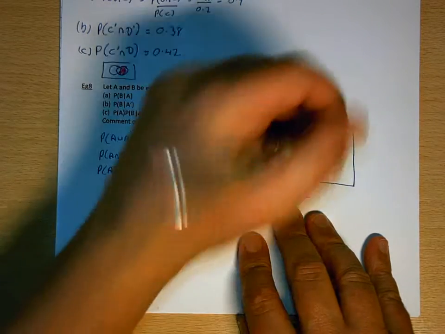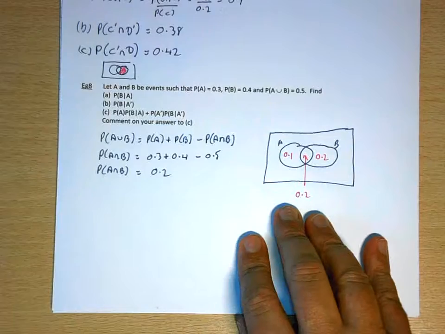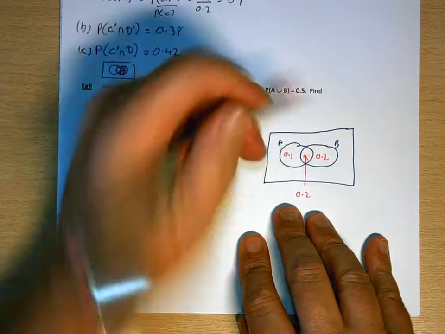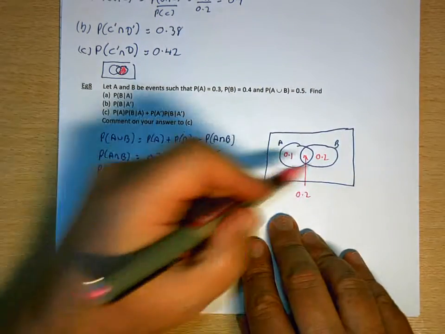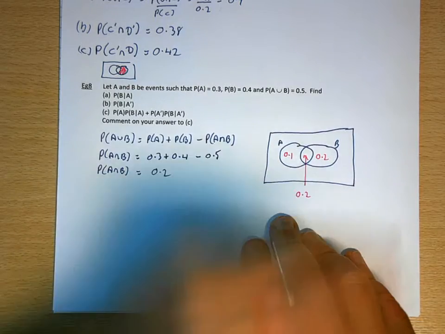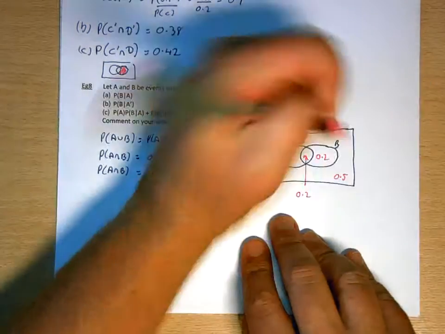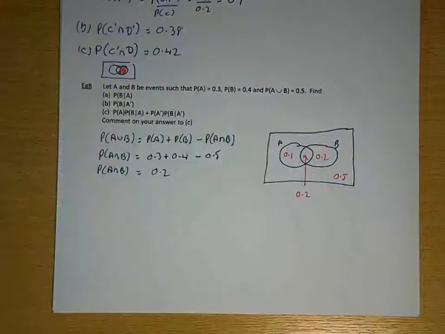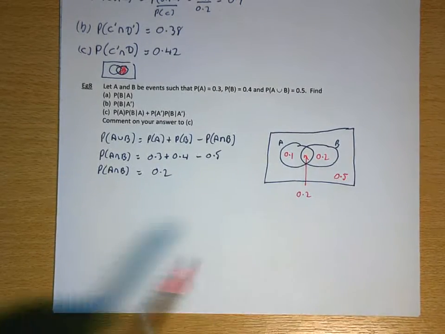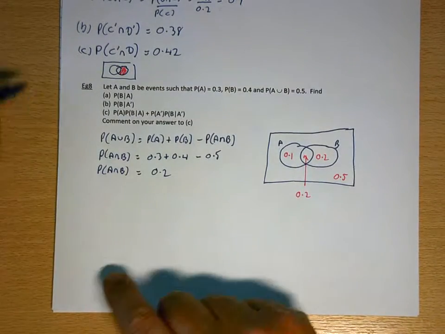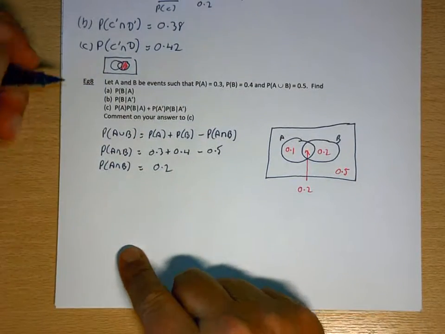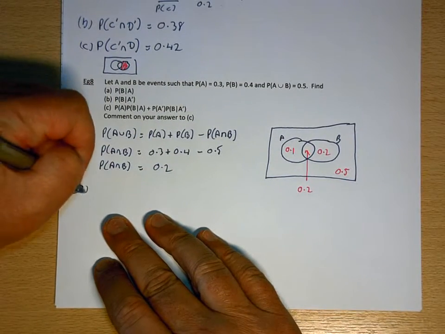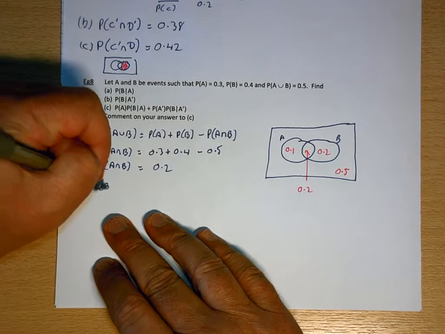Probability of B occurring is 0.4, which means that's got to be 0.2, so they add up to 0.4. Altogether they add up to 0.5, which means the probability of neither events occurring is also 0.5, so that all adds up to 1. Okay, so I've got the maths, I've got my diagram. How can I use that now to answer these questions?